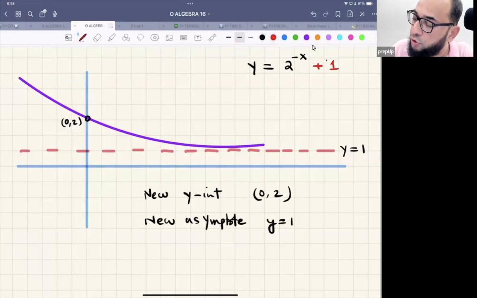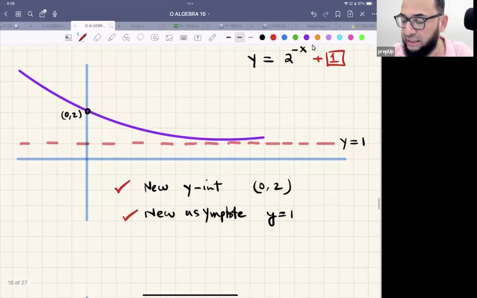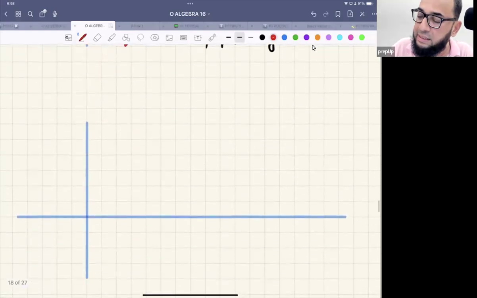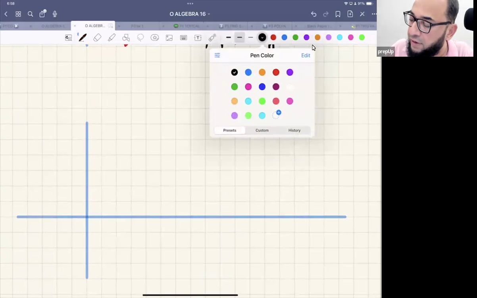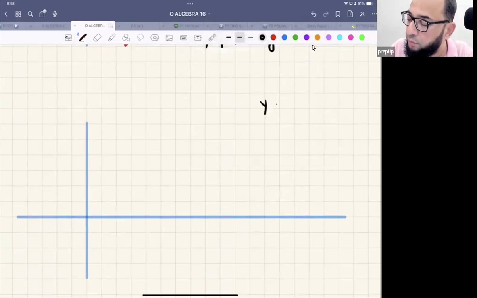It's all because of this 1. The asymptote has risen up by 1. The y-intercept has risen up by 1. That's the basic idea.